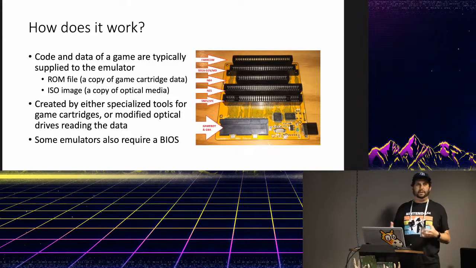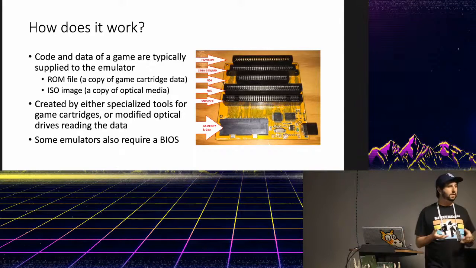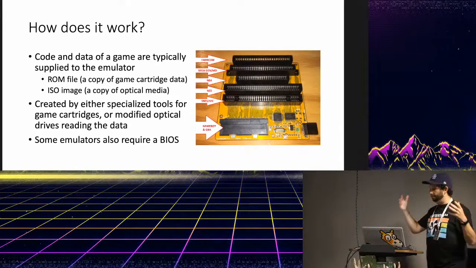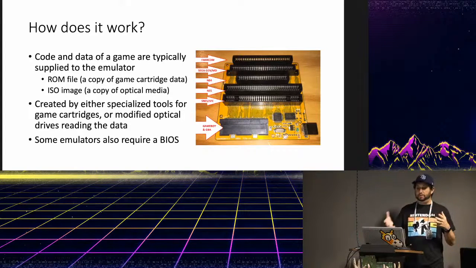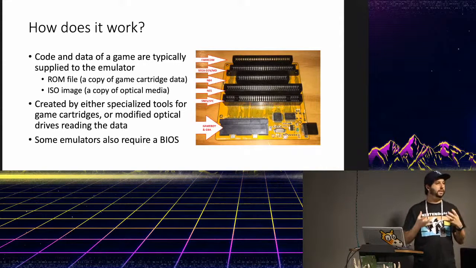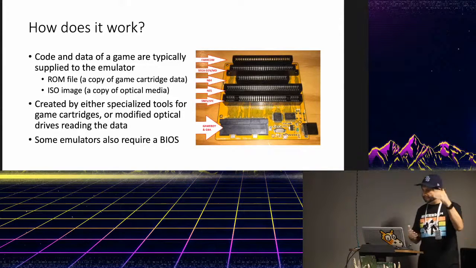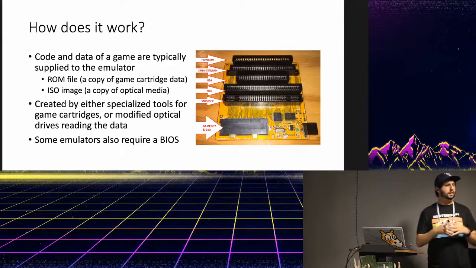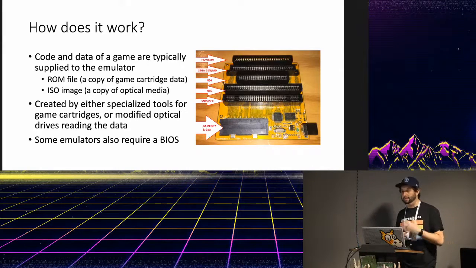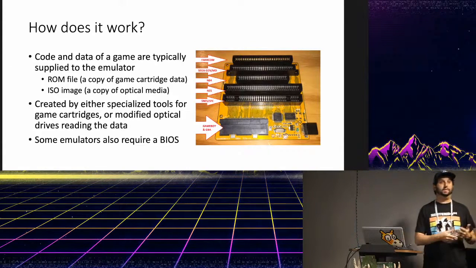Well, not everybody has access to very specific tools to dump this memory and read all the pins and extract it off the board. So you can use specialized tools like this picture here, which is a cartridge dumping system. And it lists out all of the different types of game consoles that are supported. So we have stuff like Famicom, which was the Nintendo in Japan, the family console.